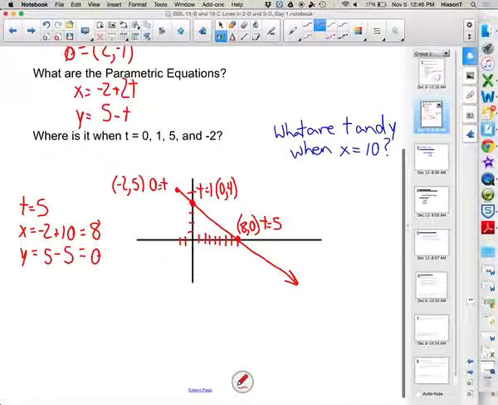Now, this last one here is a little bit different. How could we have a negative time? The whole way that we are able to look at negative time is under a couple of conditions. Number one, if we know that whatever object we're looking at was traveling in the same direction with the same magnitude before we actually started the clock, we could look at negative time to see where it was.